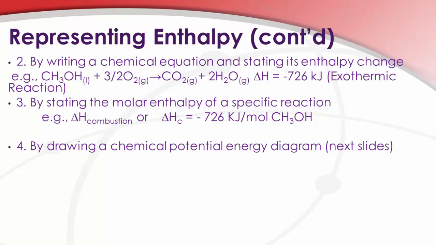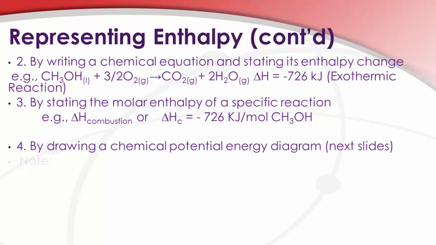So this is typically done by choosing the reactant. So we could say that the molar enthalpy of combustion of methanol is negative 726 kilojoules per mole of methanol. Hopefully that's clear. The key is to avoid being confusing, being ambiguous about which molecule is the molecule of reference.